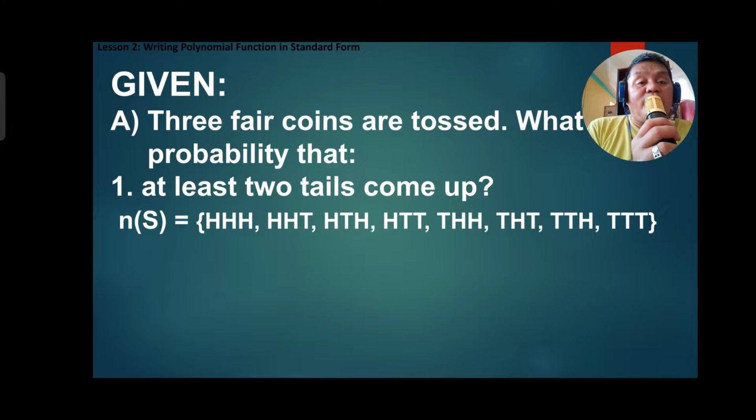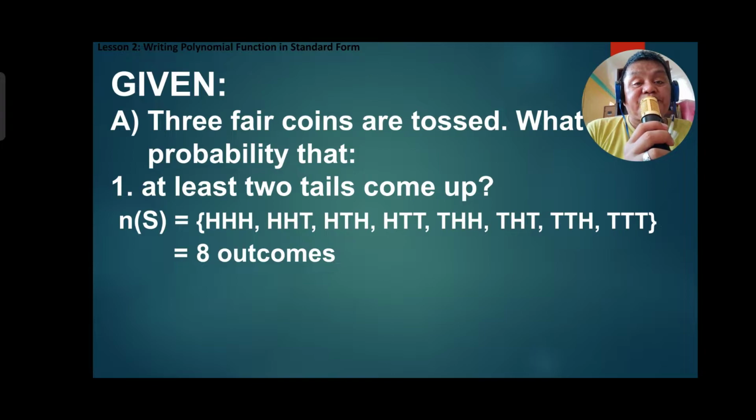We have HHH, HHT, HTH, HTT, THH, THT, TTH, and TTT. So there are 8 outcomes in the sample space.